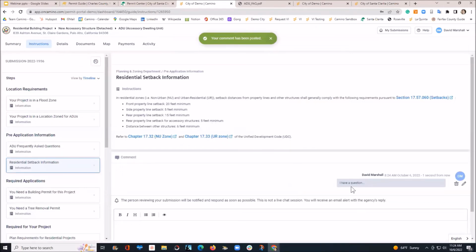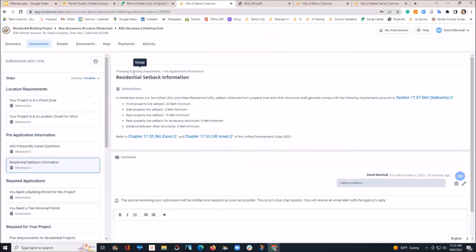Camino has the intelligence now to know who to send, or what department to send this question to. In this example, we're going to be sending it to planning and zoning, and they will receive, whether it's a group or an individual in planning and zoning, an email with this question. And so now either on their phone or on their laptop, they can start a conversation with this applicant.